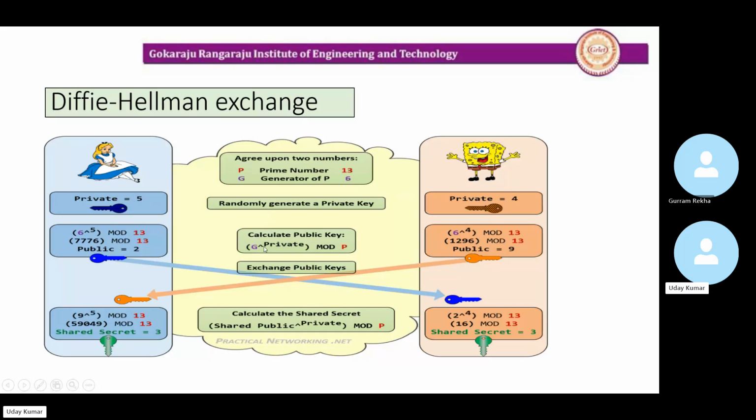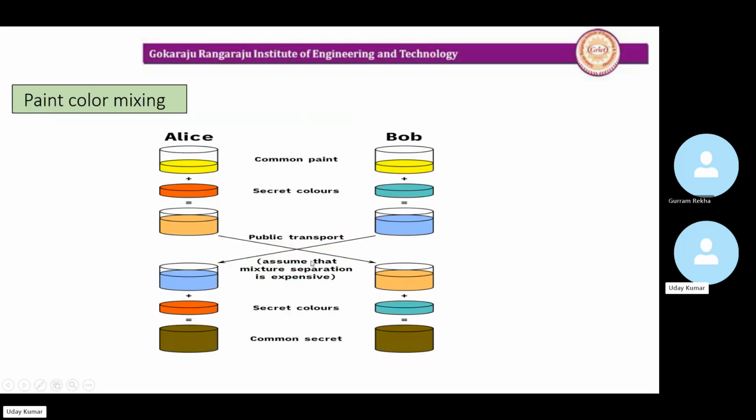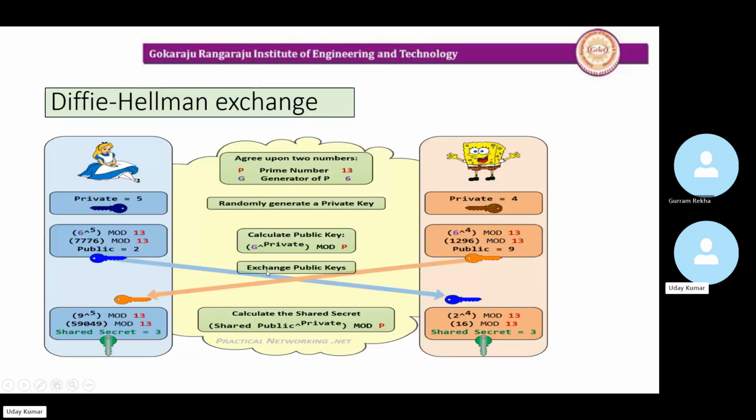The formula is G power private mod P. Once you exchange, like you have exchanged the colors, you again apply the formula, students, private power mod P. Once you apply the same formula, you get a secret key, that is 3, and here also 3.